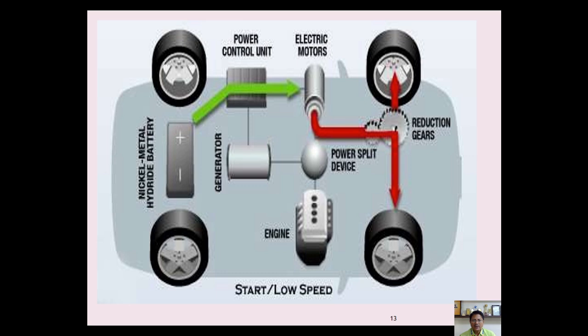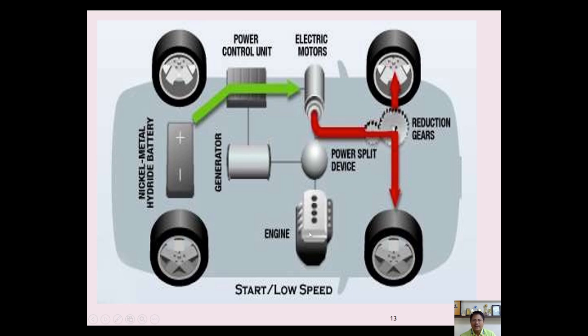So this is the architecture of a hybrid system in a vehicle. The blue line shows the overall chassis. The nickel metal hydride battery pack feeds the control unit. That control unit will convert the power and supply it to the motor, and the motor will power the wheels.